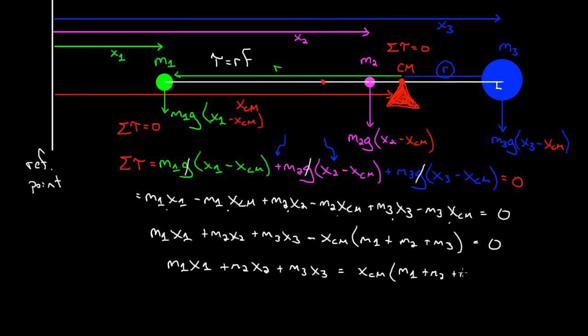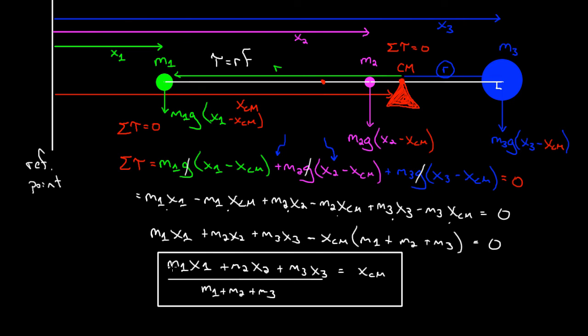And now all I have to do is divide both sides by m1 plus m2 plus m3, and I just get the formula for the center of mass. This is the formula for the center of mass. So that's where it comes from. Take m1 x1 plus m2 x2 plus m3 x3, divide by the total mass of the system, and you get the location of the center of mass. Again, you derive it from claiming that the net torque around the center of mass has to be 0. So that's how this formula comes about.